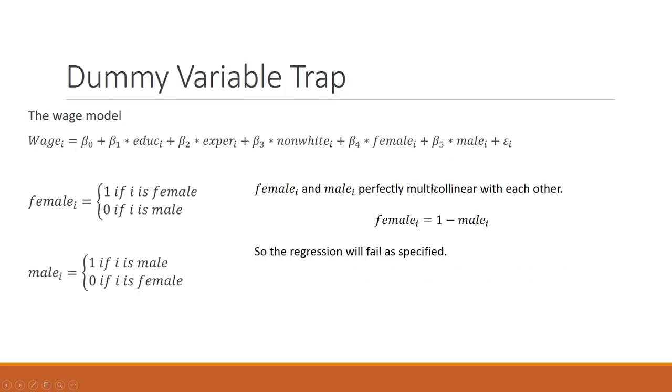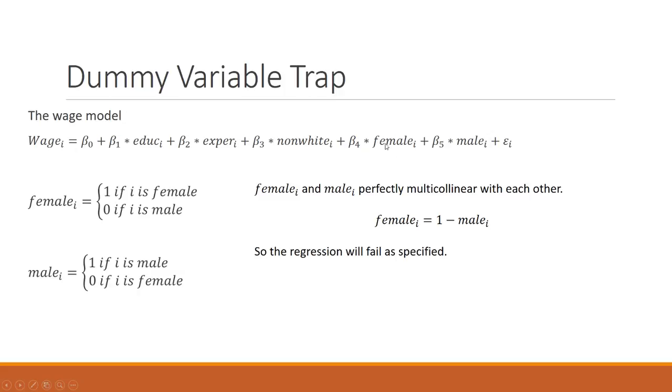The problem is that female and male are perfectly collinear with each other. Female just equals 1 minus male. So the regression will fail as specified. This regression won't work. You won't be able to calculate it because you cannot run a regression that has perfect multicollinearity.